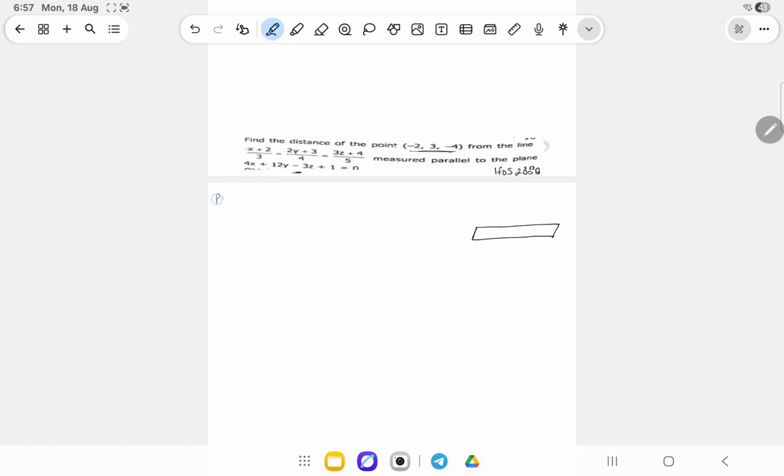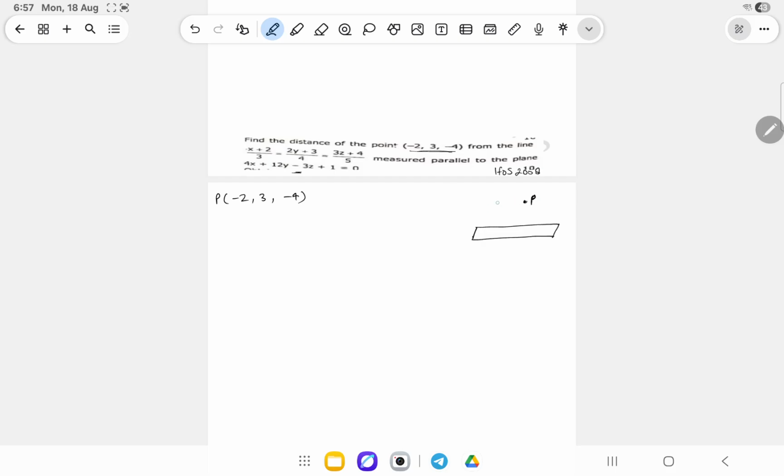Let me name it P. P is (minus 2, 3, minus 4). Find the distance of this point P from the line measured parallel to the plane.